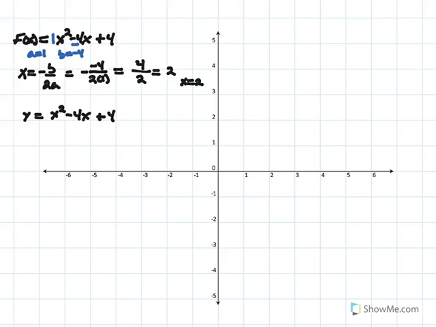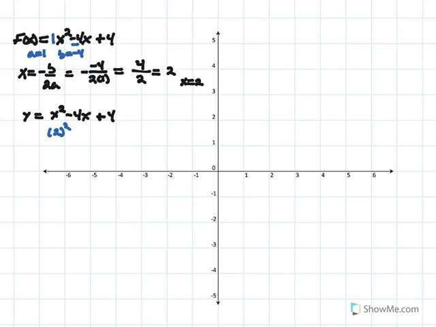That's our function. Remember, the notation of f of x is equal to y. It's the same notation. So we're going to plug in 2 for x, because that's what we said it was right here. So we're going to take that 2 and plug it in.